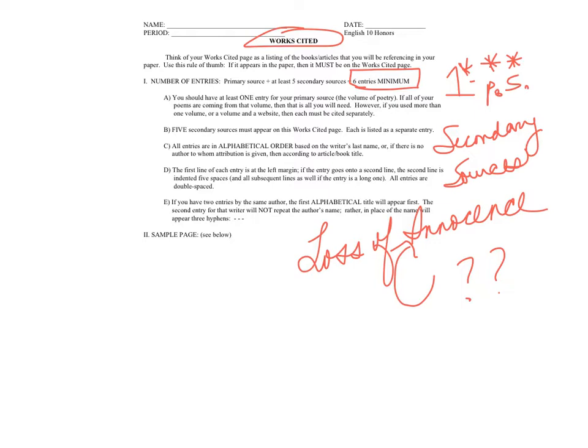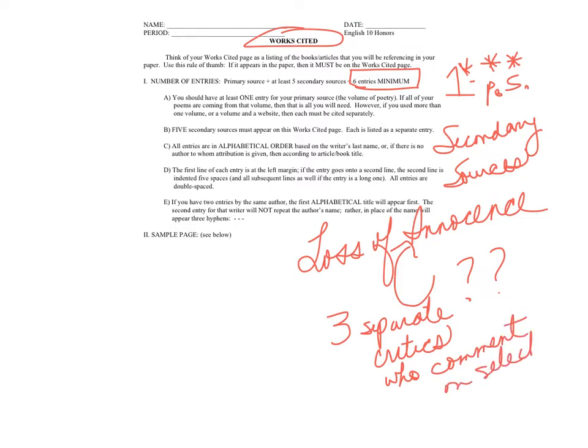But what we're trying to narrow down our scope into being is 3 separate critics, not 5 anymore, only 3, who have some impact or make some comment on your selected topic.